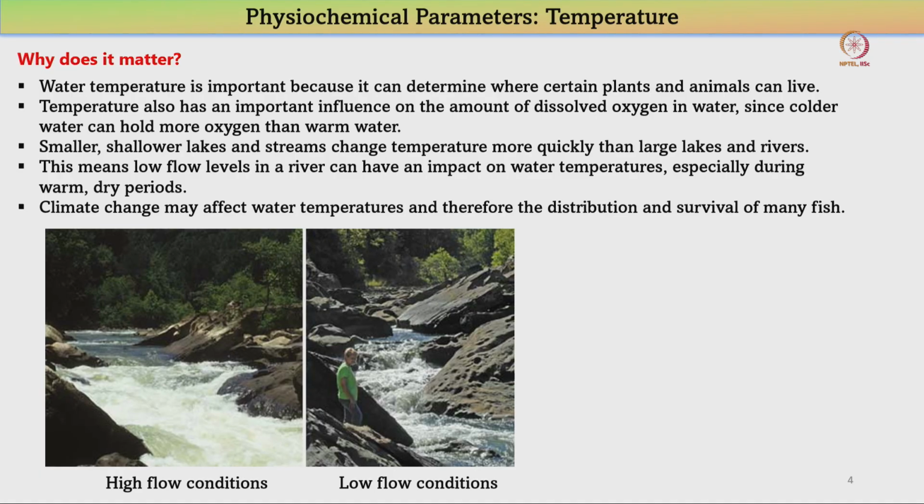A lot of times we have seen that fishes shift their habitat and are found in different regions, because the water temperature has changed and therefore they are laying eggs elsewhere. So a lot of things related to aquatic life get changed because of temperature.